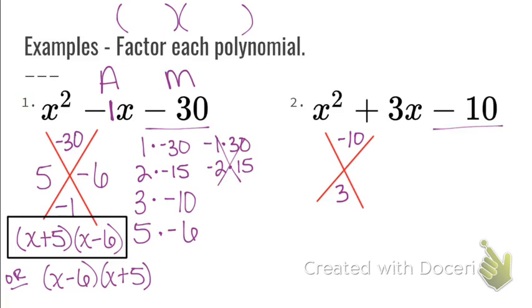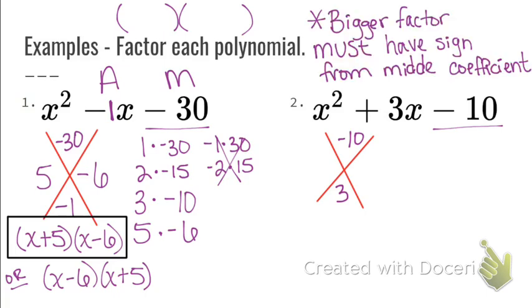So if you want to make yourself a little note, the bigger factor needs to have the same sign as the middle coefficient. All right, I added that note up to the top here. So if you need to write that down, the bigger factor must have the sign from the middle coefficient.